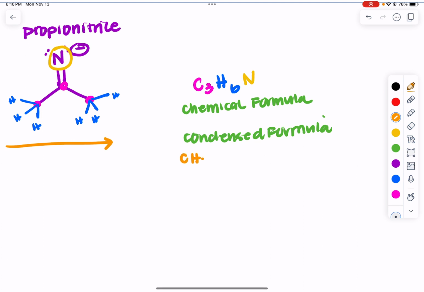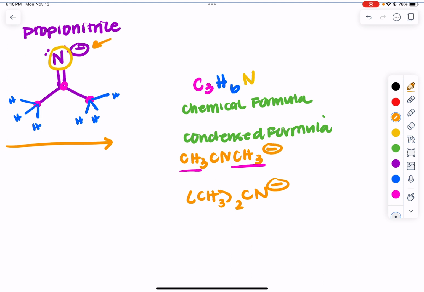So we should have CH3, CH2, CN... but there's 2 of them, so we can put this together and do CH3, 2, CN. And then put a minus next to it, because there's a negative charge. Anyways, we'll do lots of practice on this. Go ahead and work on the activity and the worksheet. Thanks.